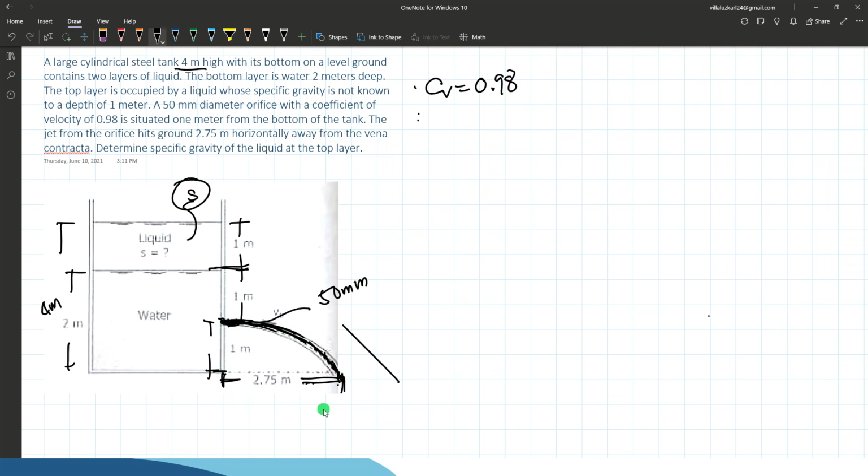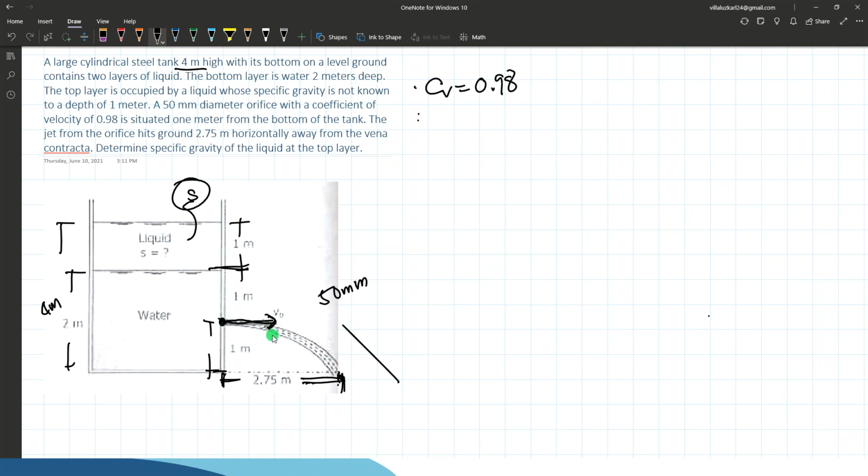So in this example, we will use the principles of projectile motion. Because the water is flowing from this opening, its initial velocity is pointing to the right.